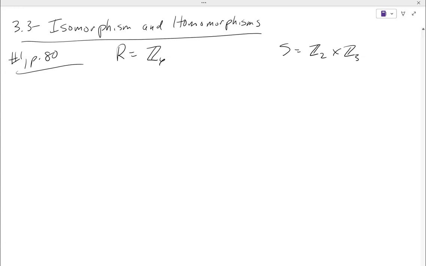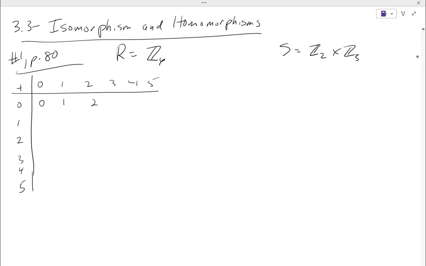Let's do the addition tables first, compare them, and then we'll do the multiplication tables and compare them. So again, our elements in Z6 are 0, 1, 2, 3, 4, and 5. To save time, I'll just fill this out quickly.